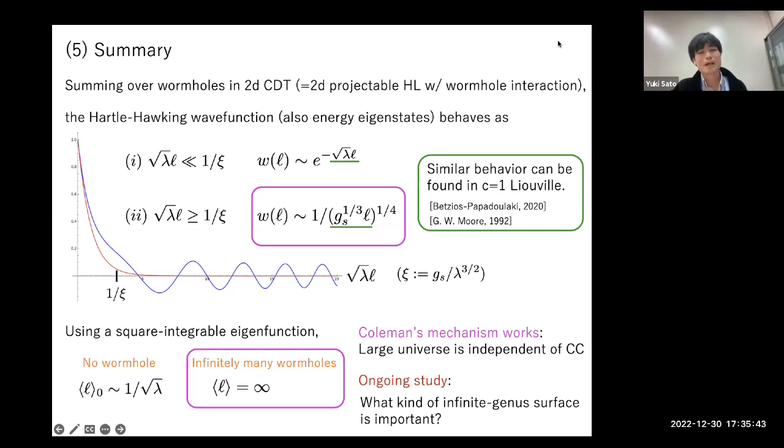I think the proper time is a sort of gauge invariant in the CDT case. If you want to do that, I think the projectability is very important, because in the non-projectable case, the proper time is not gauge invariant since it is a function of space.